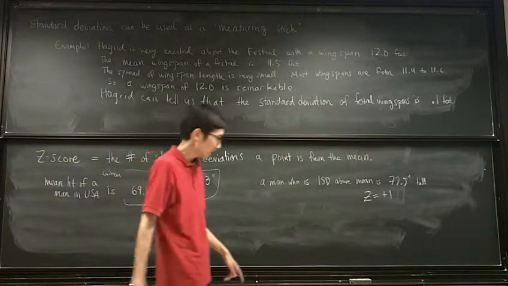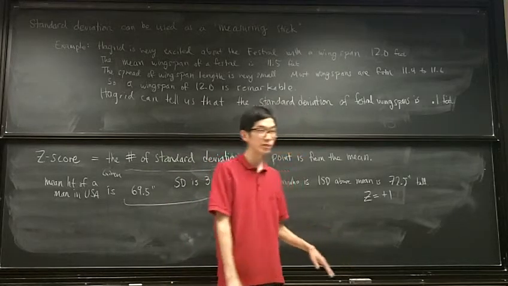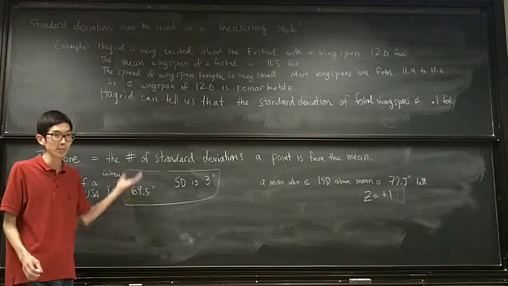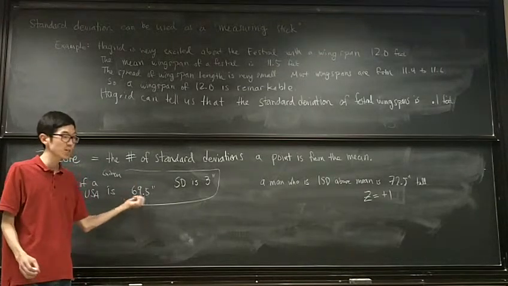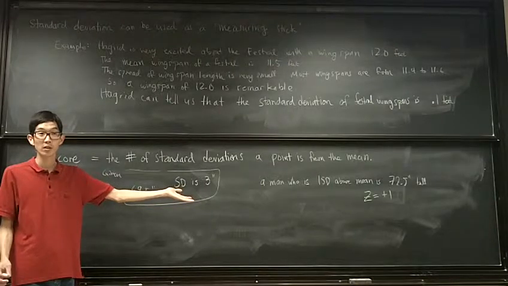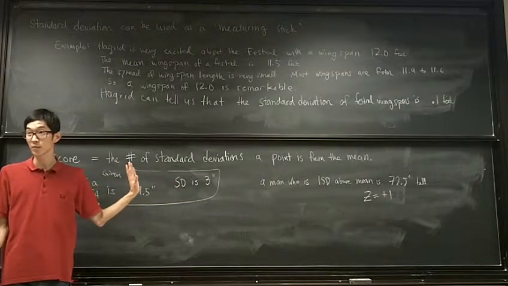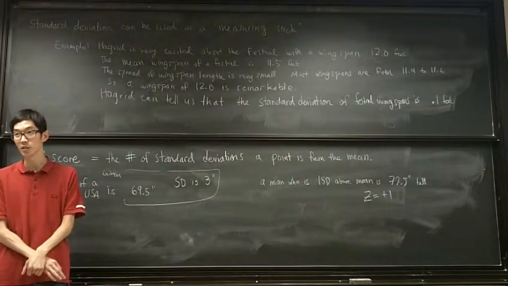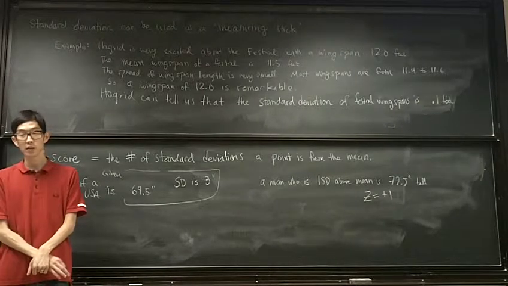So I said, how tall is someone who's 1 standard deviation above the mean? 1 standard deviation is 3 inches. This person is 3 inches above the mean. So 69.5 plus 3 inches, 72.5. Is that good? All right, how tall is someone who is 2 standard deviations above the mean? 75.5.